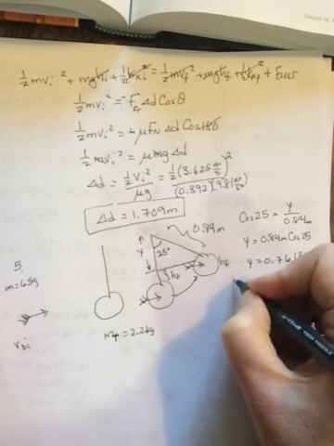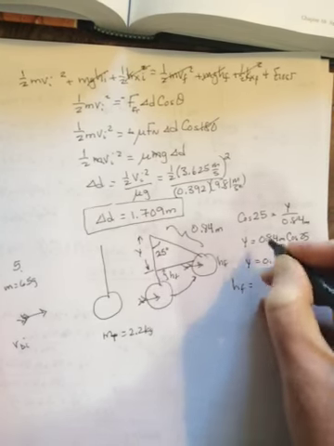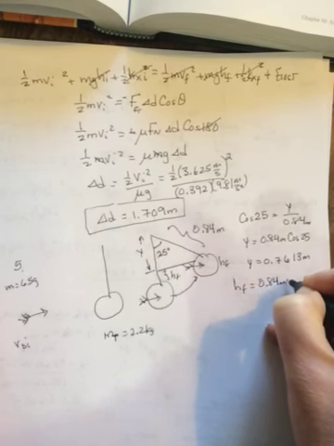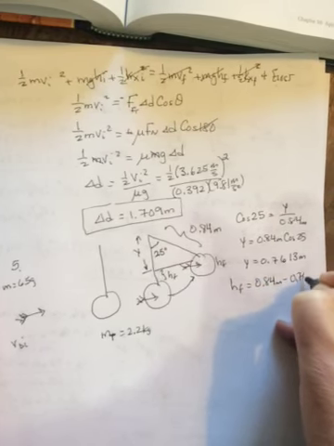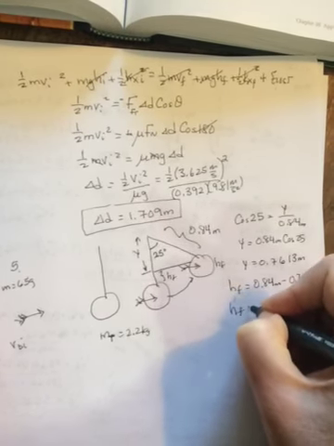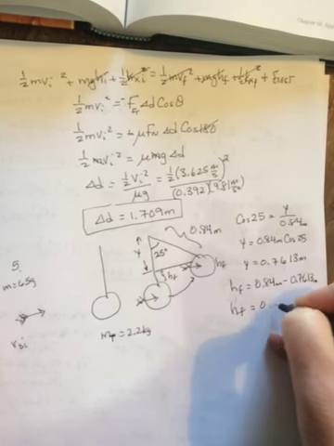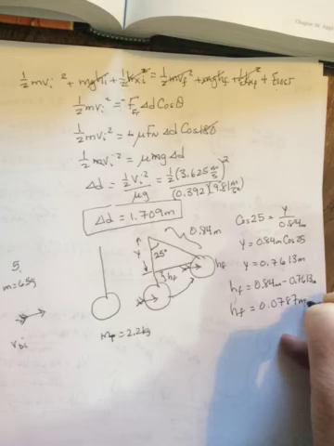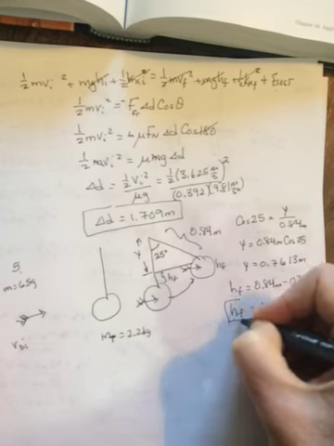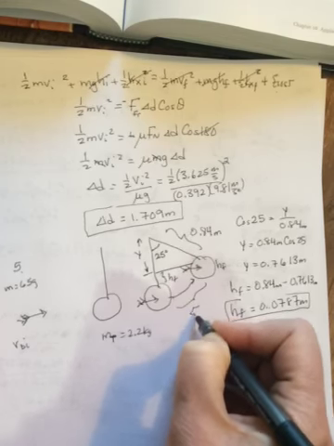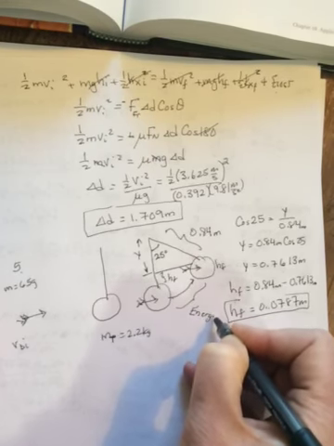And then to get our h final, we take that away from 0.84. So 0.84 meters minus 0.7613 meters gives us a final height that the pendulum reaches of 0.0787 meters. And so that becomes our height in the energy section of the question.